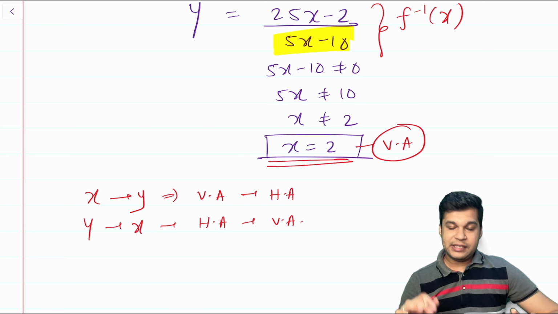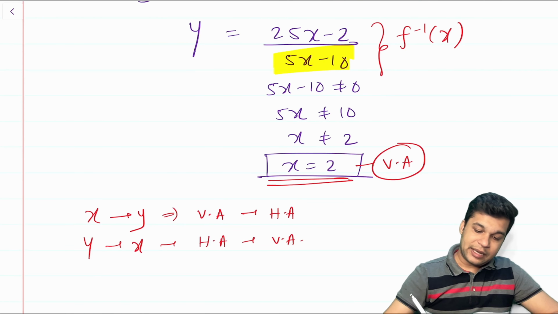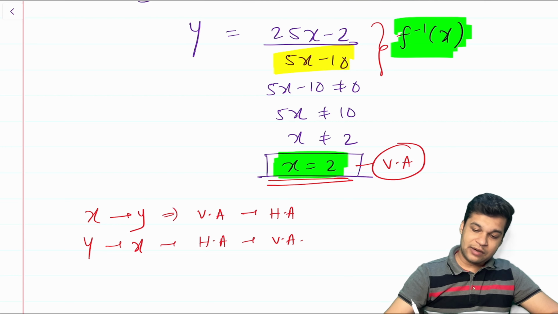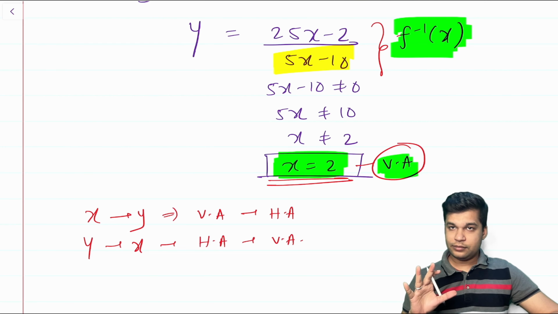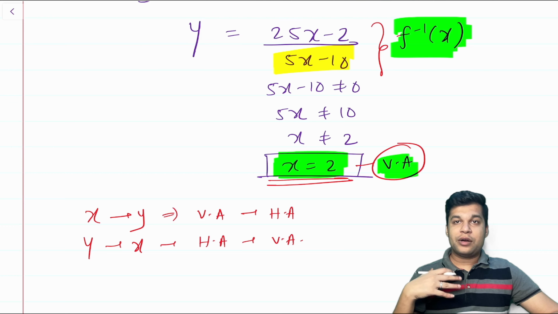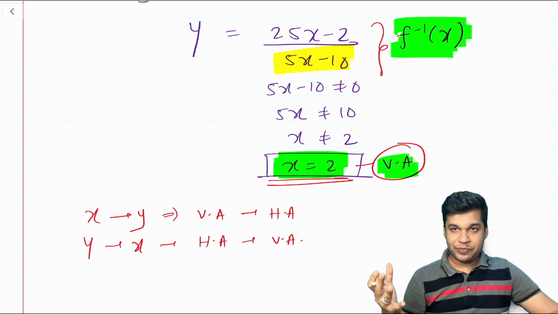So x equal to 2 on the f inverse graph is a vertical asymptote, a line parallel to the y-axis.